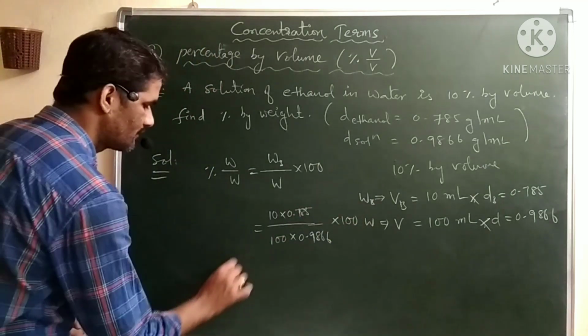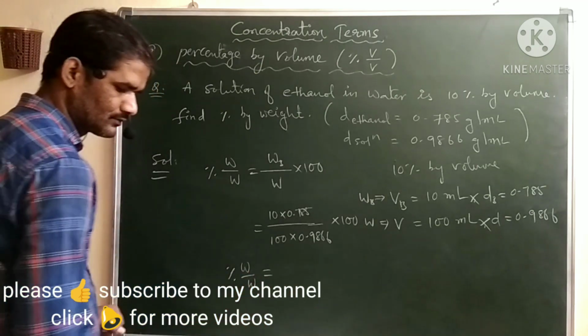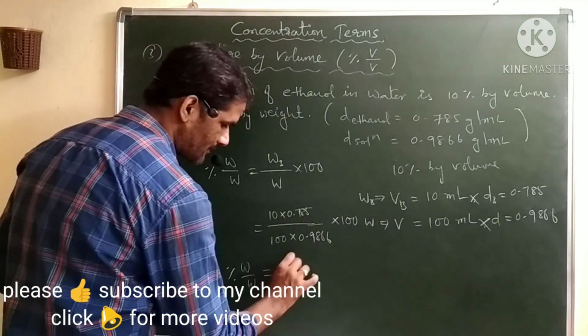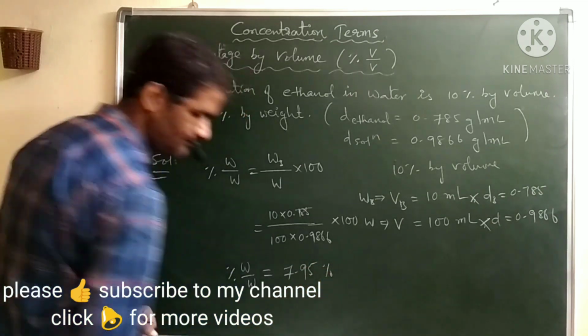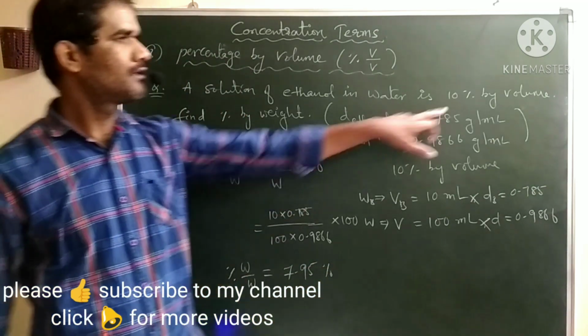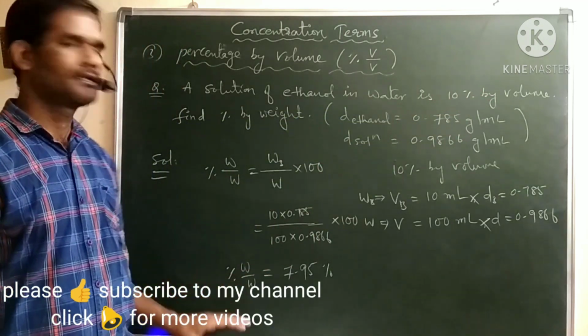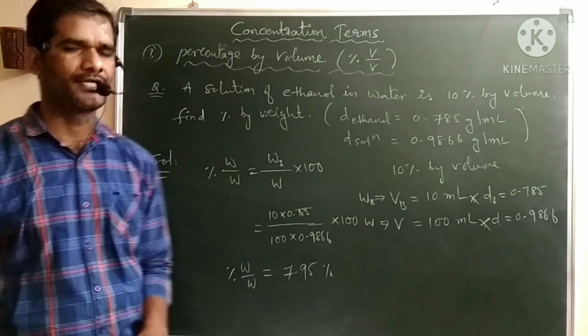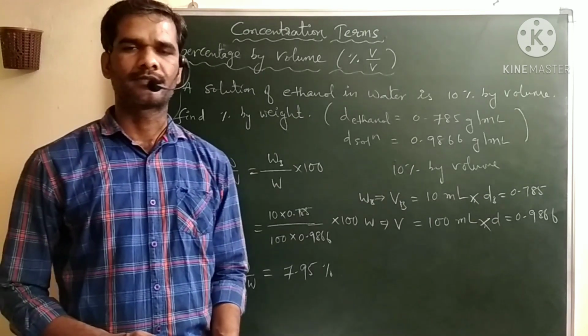Now if we solve, we will get weight by weight is equals to 7.95 percentage. So here volume by volume percentage is 10, but if you convert it into the weight by weight, it is 7.95 percentage. So these are some concentration terms involved here.